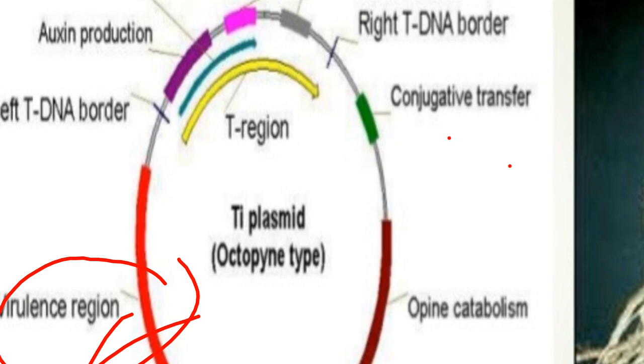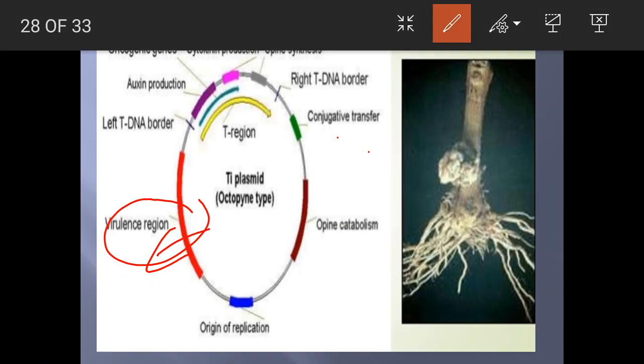Vir gene expression is triggered by some phenolic compounds like acetosyringone, which are secreted by the plant in response to wounding. That means, when do the Vir genes help in the transfer of the tDNA? Whenever the plant is healthy, or if the plant skin is intact, the Agrobacterium cannot enter the plant body. Whenever there is any damage or wound on the plant body, only then can the Agrobacterium invade the plant tissue.